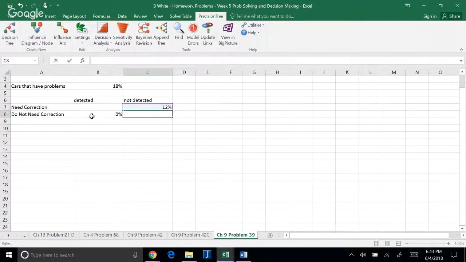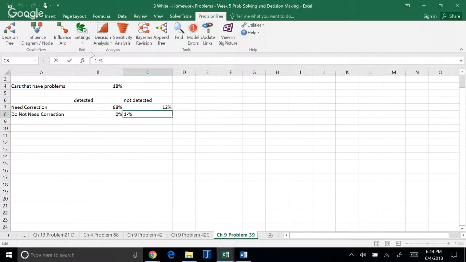All right. So remember that your inverses come from the actual events, not from the predicted, like in this case, detected or not detected. So what you would do is sum across this whether or not they actually needed correction. So this is going to be 1 minus 12 and 88%. This is going to be 1 minus 0%.